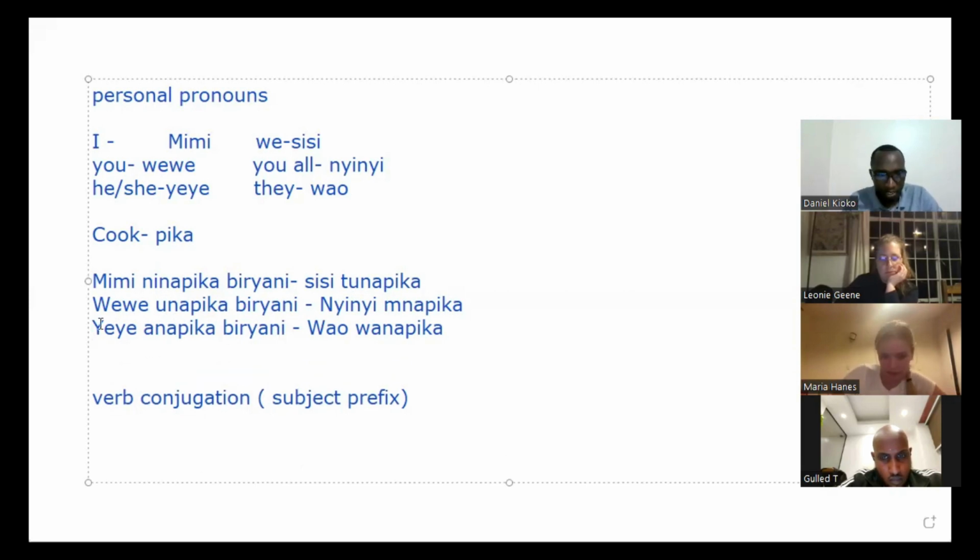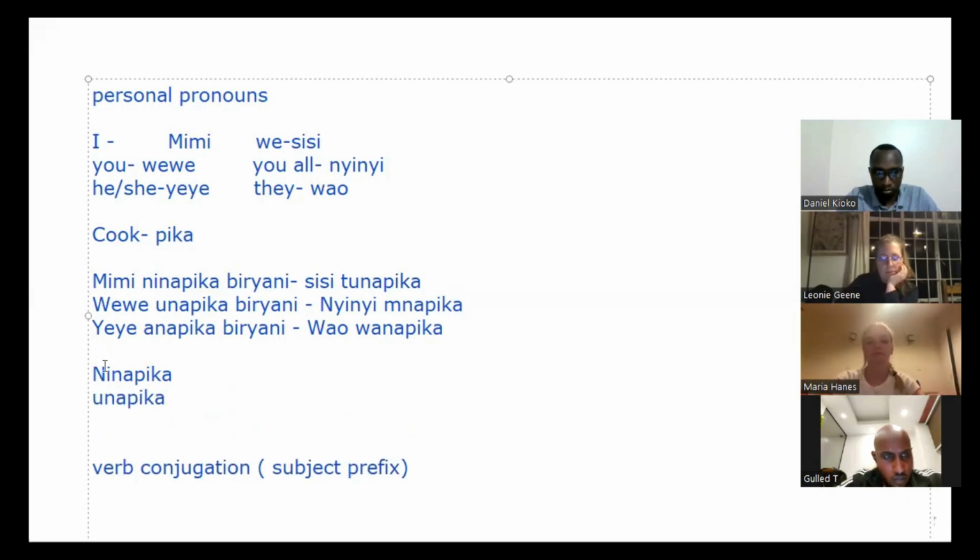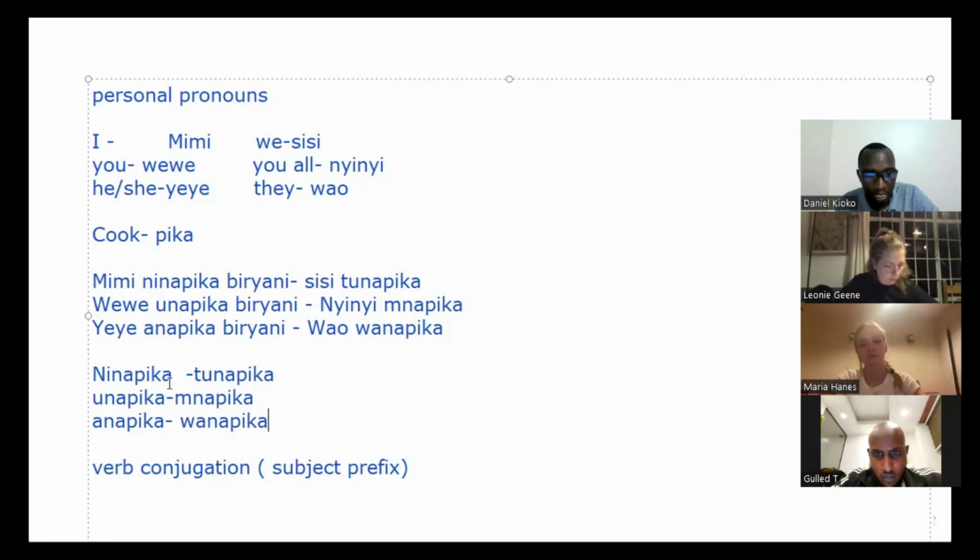Before I do the summary, we can just say ninapika, unapika, anapika, and the plurals: tunapika, mnapika, and wanapika. Wanapika biryani, tunapika biryani, but we are more interested in the verbs.